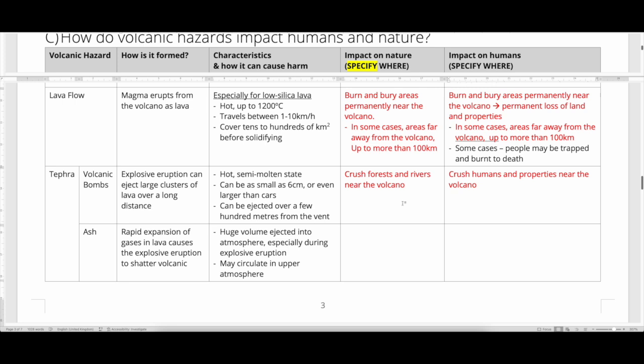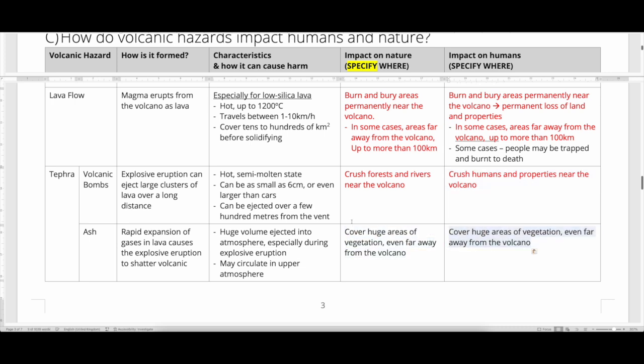As for ash, as you can see, it can go to a very far distance. So it can actually cover huge areas of vegetation, even far away from the volcano.